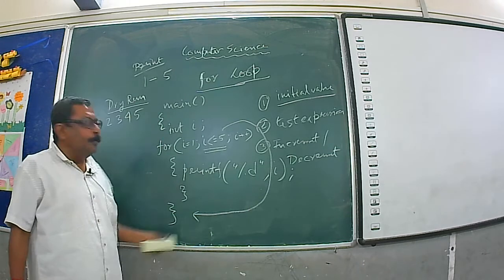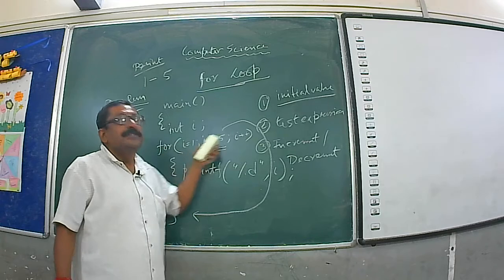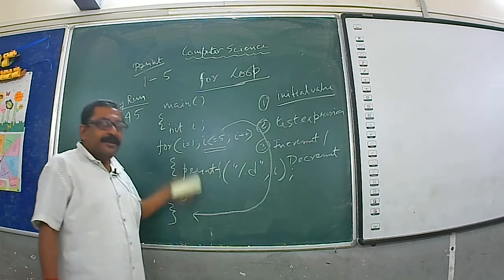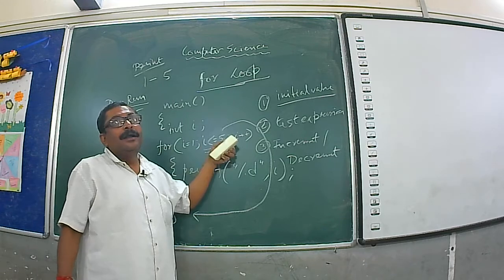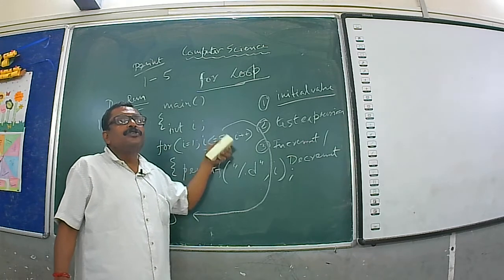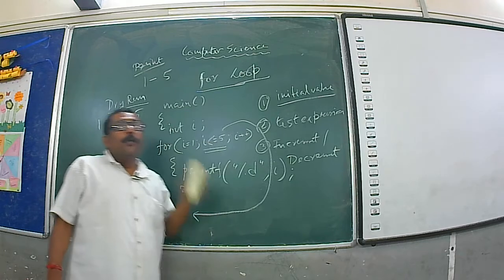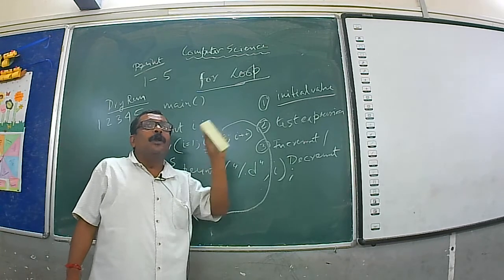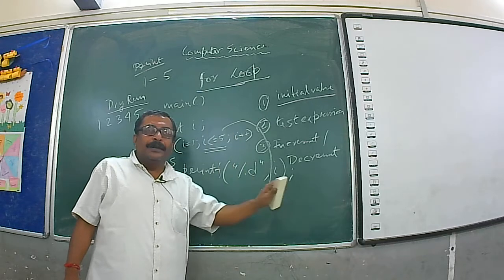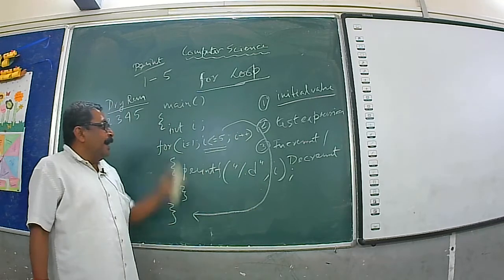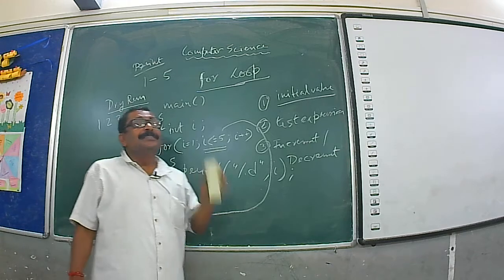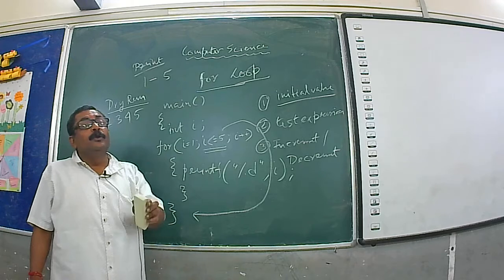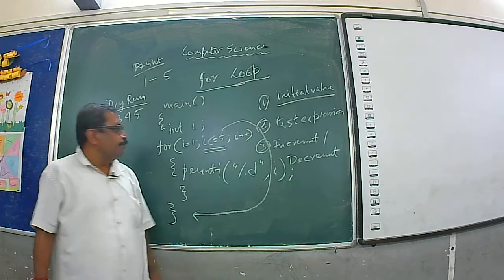In a for loop, we can write all 3 in a single line, and that creates the advantage, and for that reason this loop is used in almost every case. In a few cases where the for loop doesn't work, we can go for while loop and do while loop. But in normal programs, for loop is a better choice compared to while loop and do while loop.